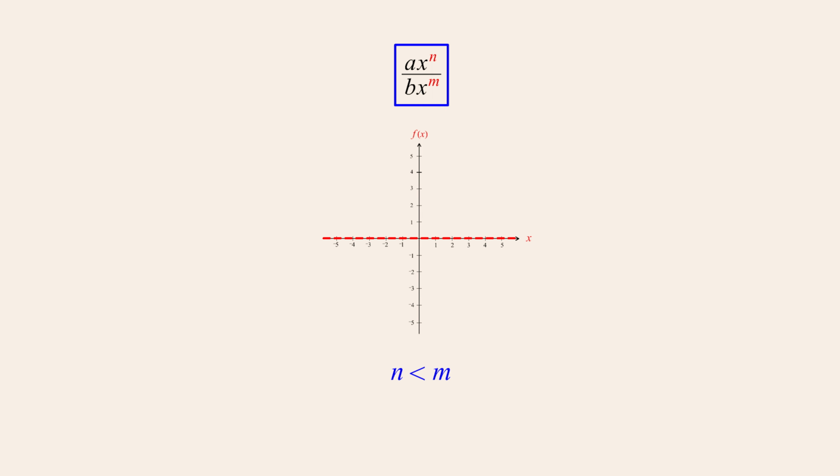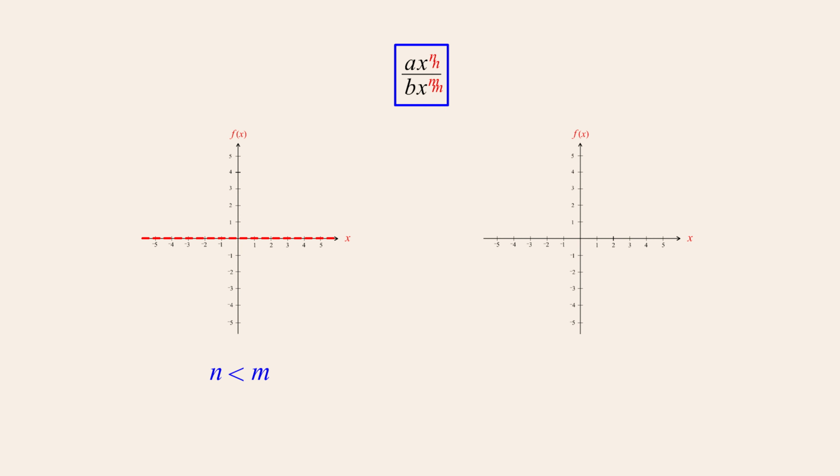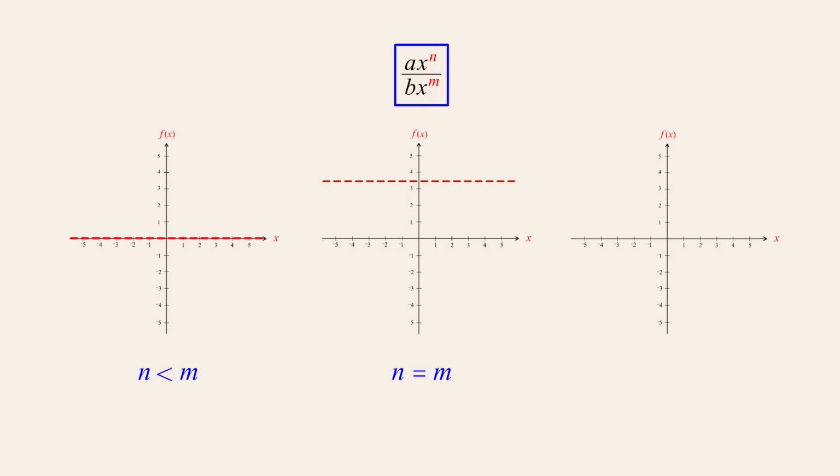And if the value of the numerator exponent is the same as the denominator exponent, the horizontal asymptote will be located a distance from the x-axis determined by the ratio of coefficients a and b. On the other hand, when the numerator exponent is greater than the denominator exponent, the function will have either an oblique asymptote or a curvilinear asymptote.